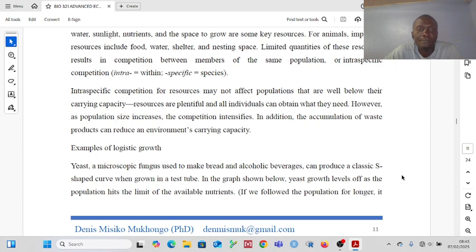So therefore, when you want to reduce competition in a particular ecosystem, play about with the numbers. Have organisms lower than the carrying capacity. When you have organisms lower than the carrying capacity, those organisms will not be forced to begin competing for the limited resources. Okay.